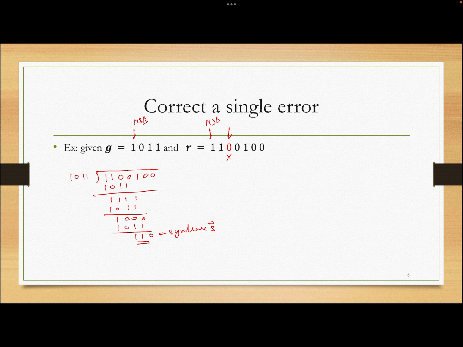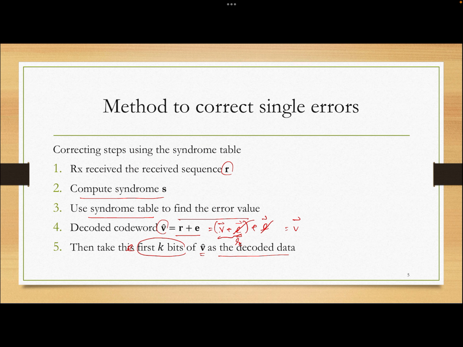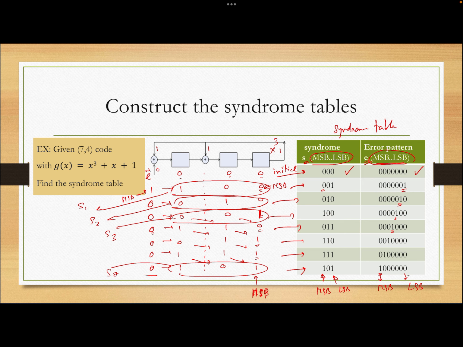Your syndrome is 1 1 0. Now you check the table. Go back and check the table. 1 1 0 is this. So the error pattern is the third bit from the left, or the third bit from the most significant bit. This is the error pattern.